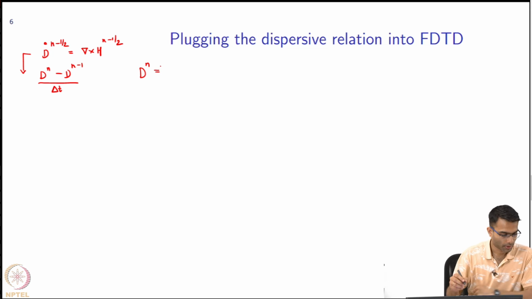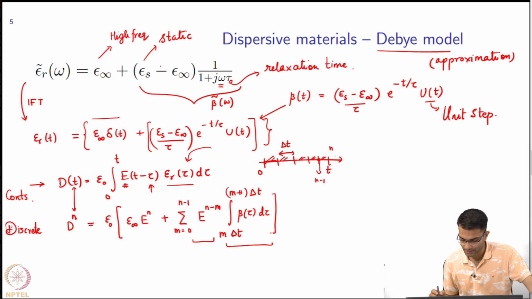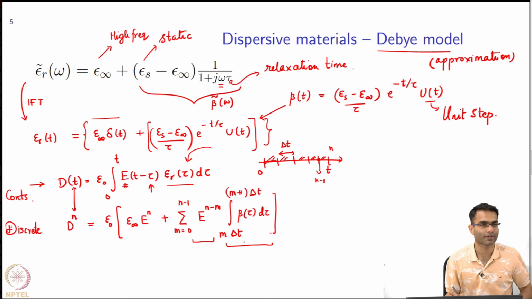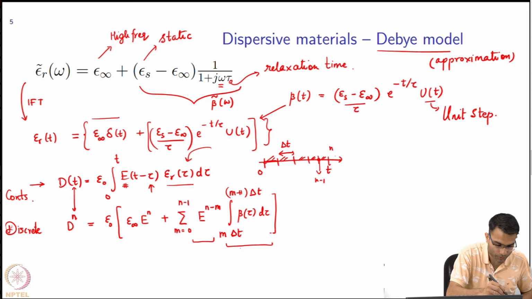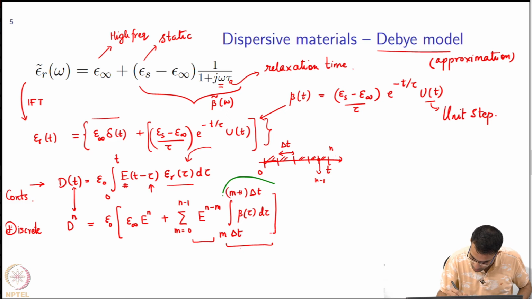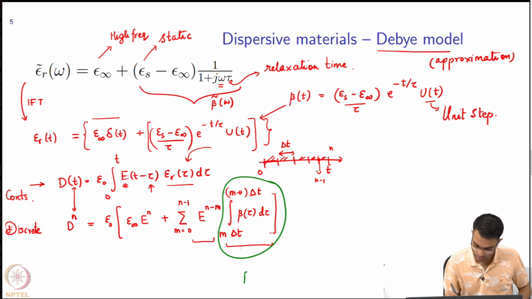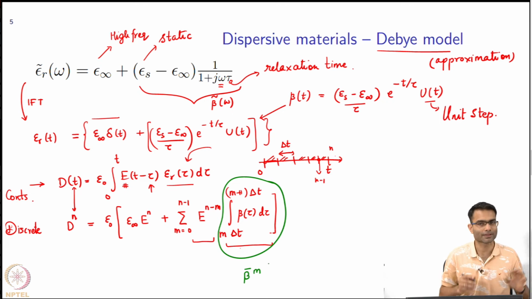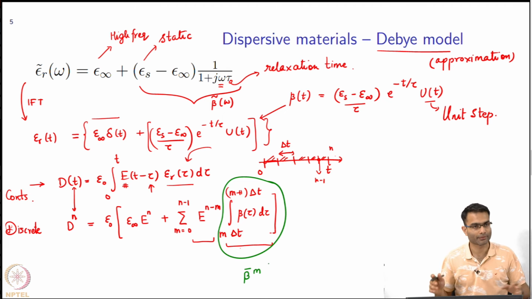Notice that this integral appears everywhere. So, we will have a shorthand notation for that also. This guy over here is what I am going to call beta bar m. Otherwise, I have to keep writing the integral everywhere.